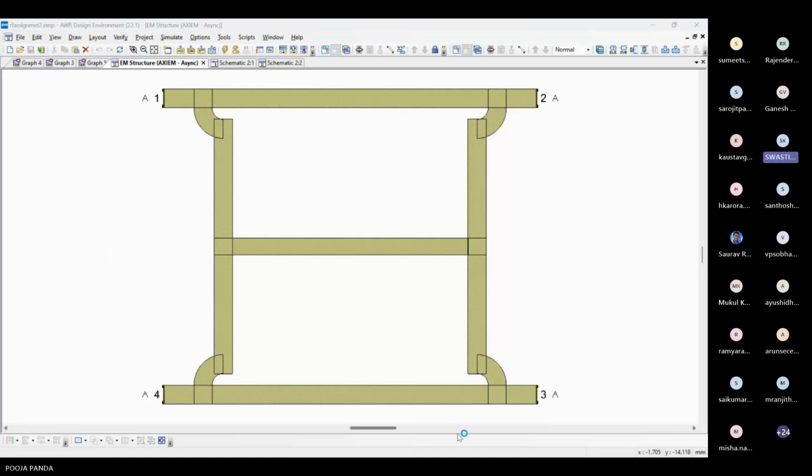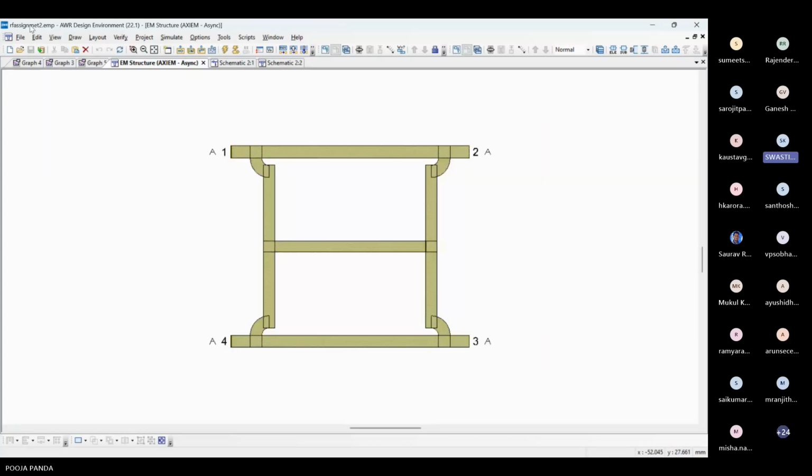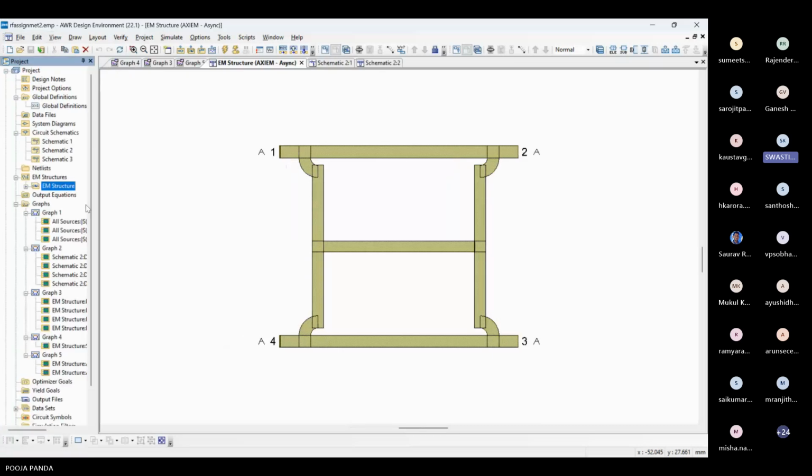Is the drop down visible to you? Because it's not getting reflected here. Actually, you have to share your screen only. Yeah, because the view options are not available. Actually, one project browser window has to be opened besides it. So in that, the options will be there.